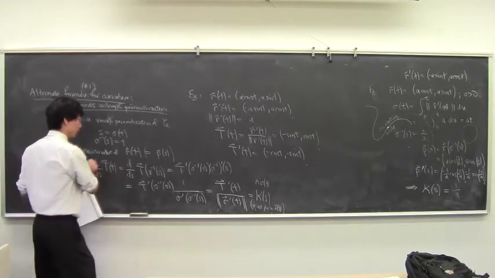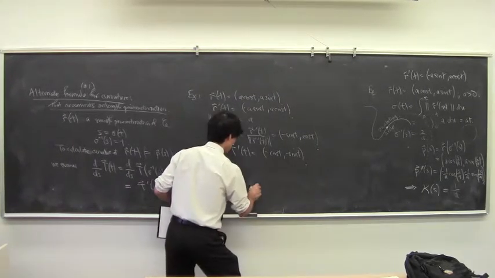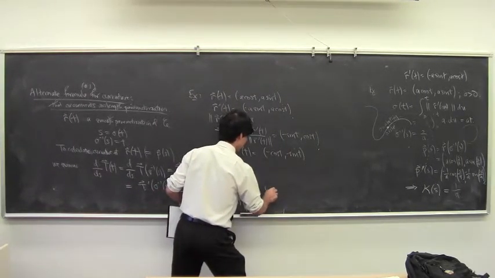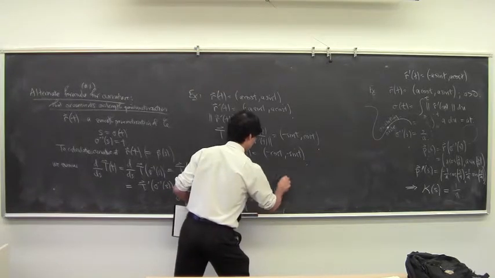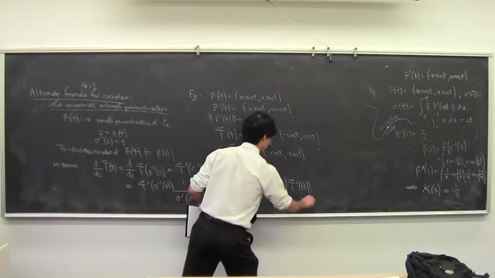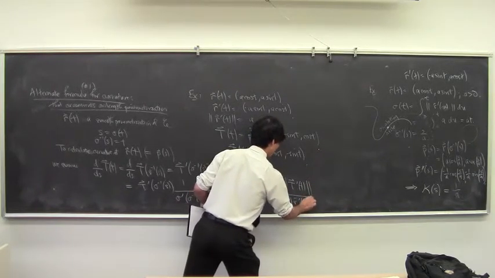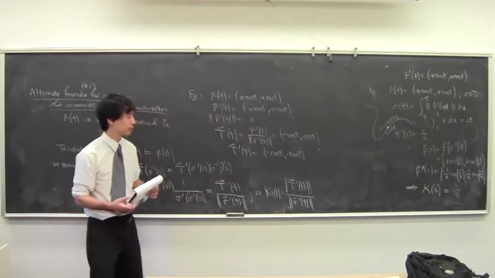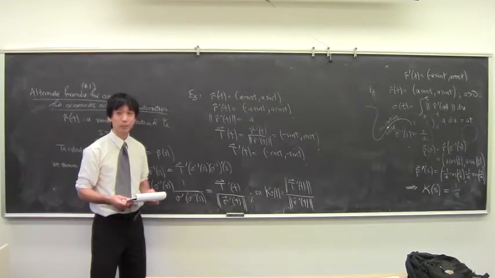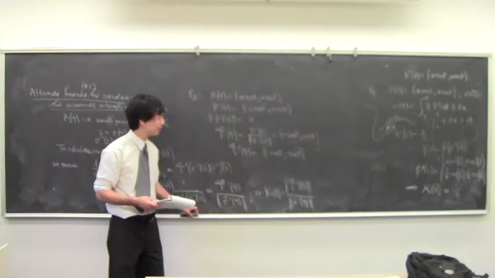So the curvature at time t is the magnitude of this thing. Maybe that's why you all looked confused.